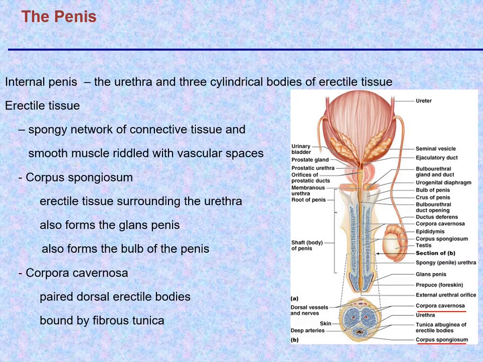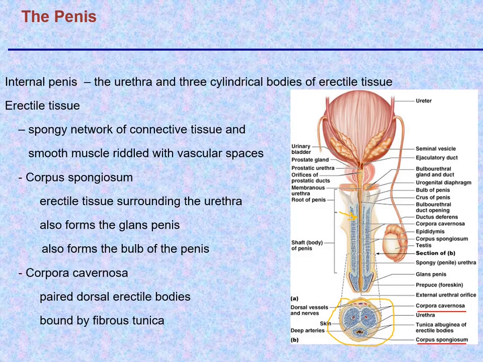What you see here in this view is a superior view looking down on the penis, and here is a cross section below there. That's a cross section through the penis.